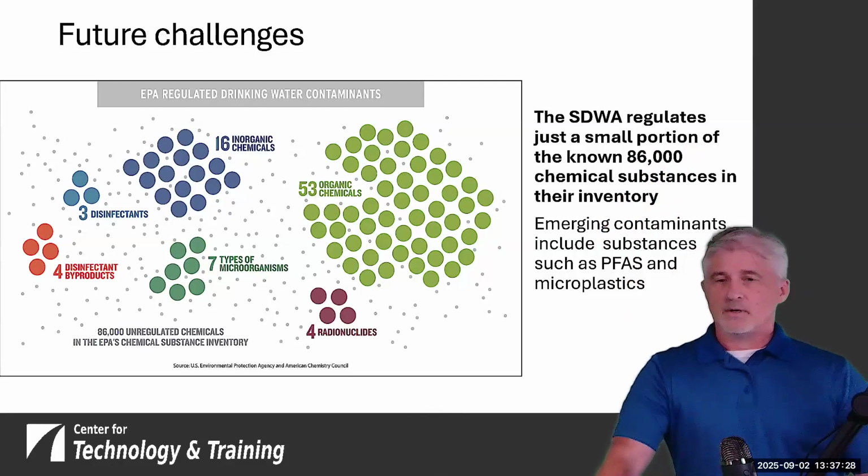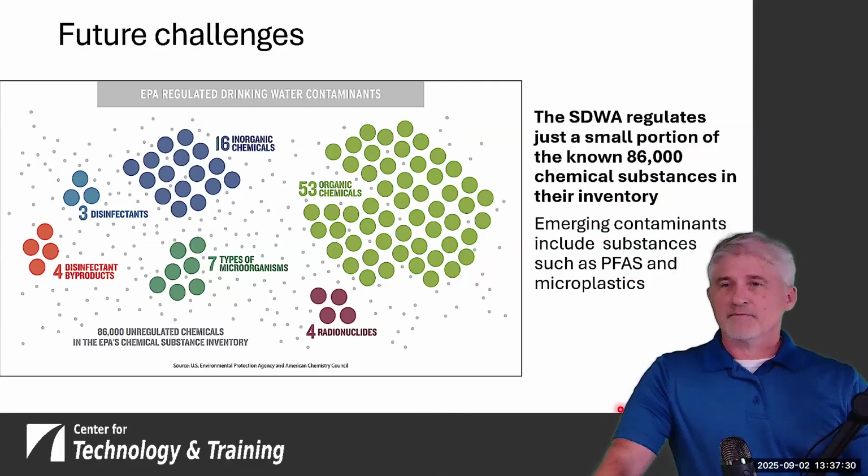Some of the ones that are obviously in the news a little more are the PFAS and the microplastics. Pharmaceuticals and endocrine disruptors are also examples of emerging contaminants.